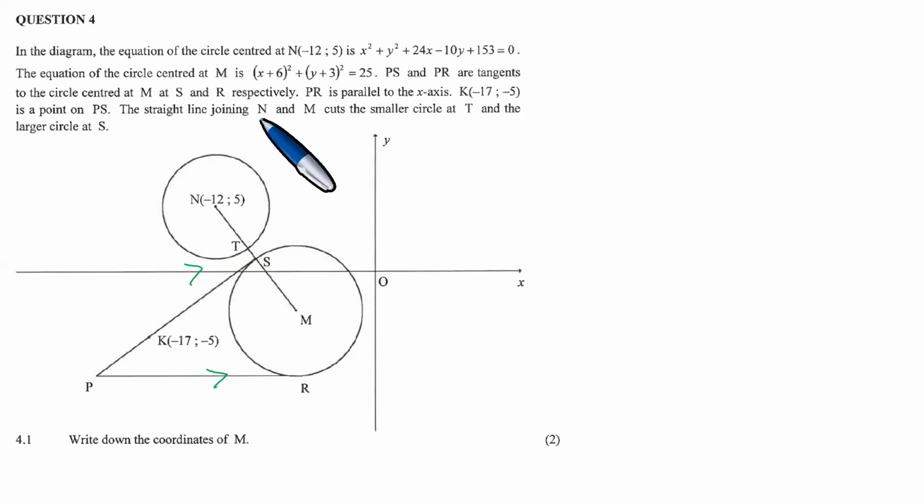The straight line joining N and M cuts the smaller circle at T and the larger circle at S. Here is the straight line joining N and M. Here is N and here is M.